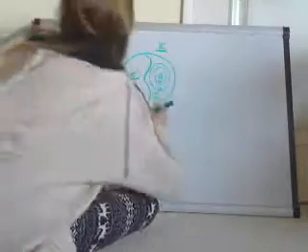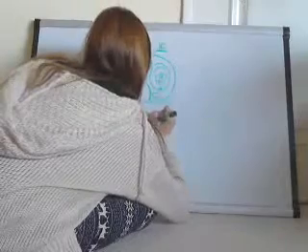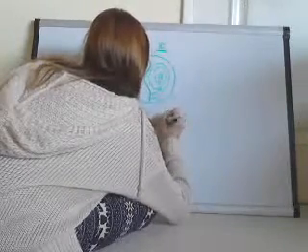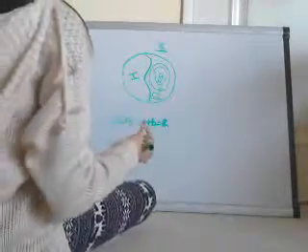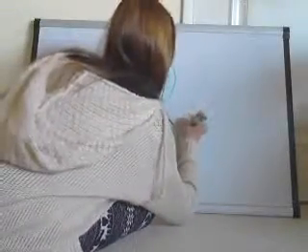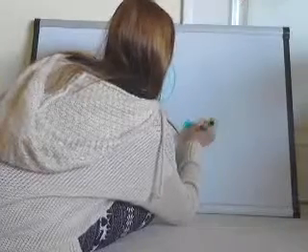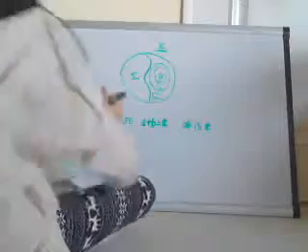Addition is A plus B is a real number. For multiplication, it's A times B is a real number.